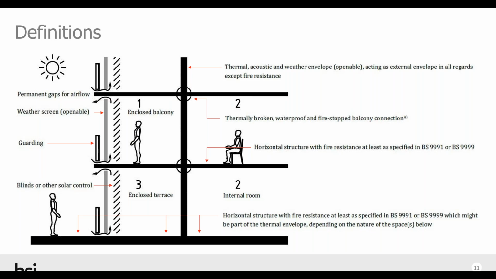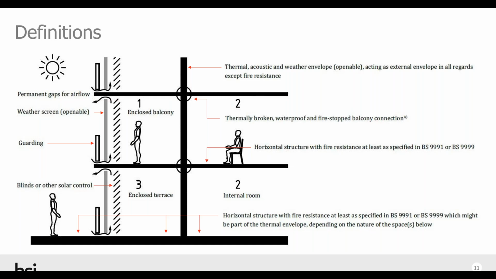And if we start from the inside, working outwards, then normally between two apartments in an apartment building, there will be some form of fire separation in the horizontal structure, which is defined in BS 9991 or BS 9999. And so we refer out to those standards.